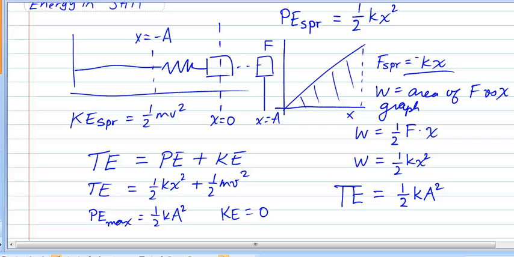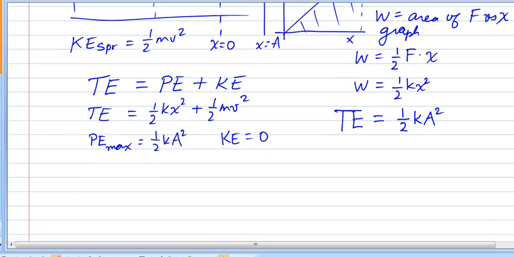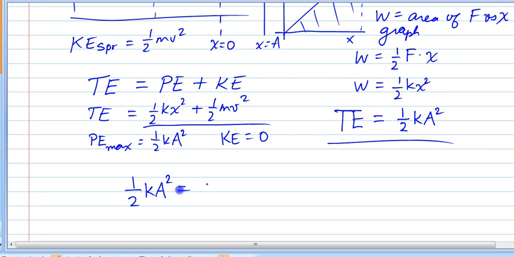Okay, so now we bring this back to here, and what we can do is write an equation for the speed of the mass at any point. Now we know that the total energy is equal to 1/2 kA squared, but we also know the total energy is 1/2 kx squared plus 1/2 mv squared. So we can plug in 1/2 kA squared for the total energy. That's equal to 1/2 kx squared plus 1/2 mv squared.